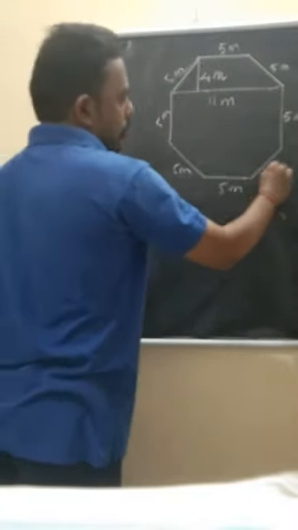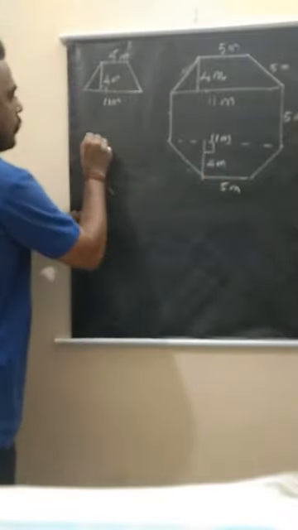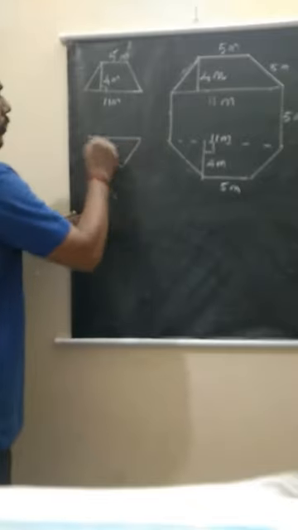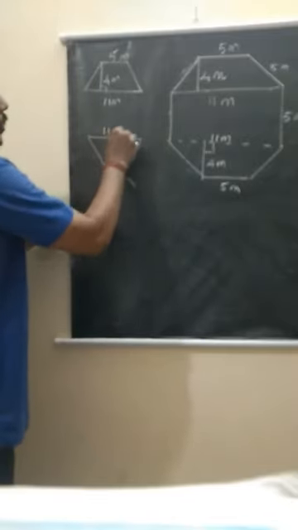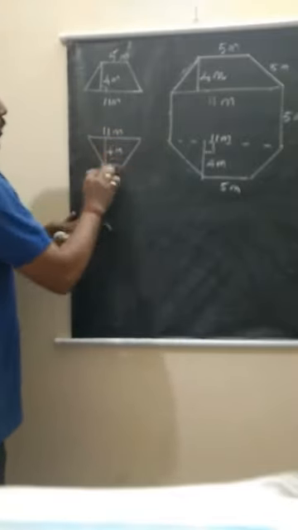Similarly, we use the same thing here: 11 meter, and the same height is possible because it's regular, so height is 4 meter and this is 5 meter. So both are the same.